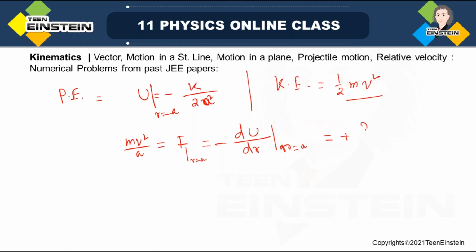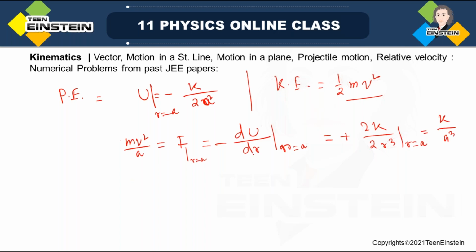So r square means 2k by 2 into r cube. At r is equal to a, it will be k by a cube.